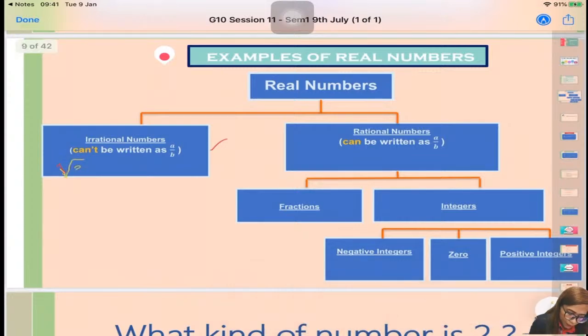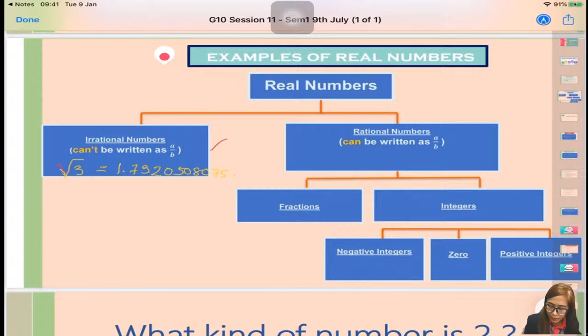Square root of 3 is an irrational number. Why? Square root of 3 is equal to 1.7320508075 and so on. So we cannot write this as a fraction or in a over b form.